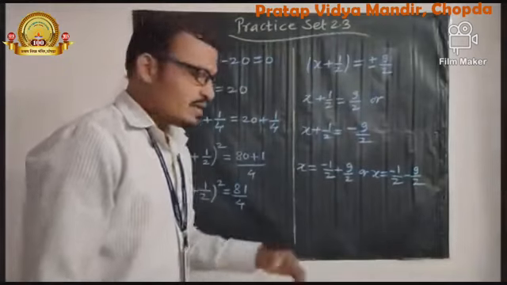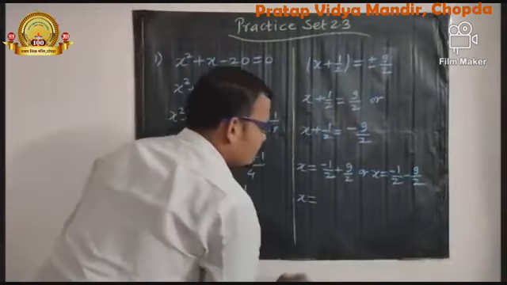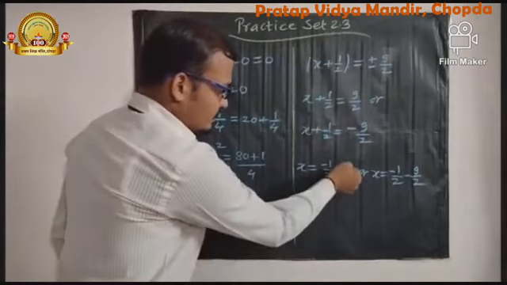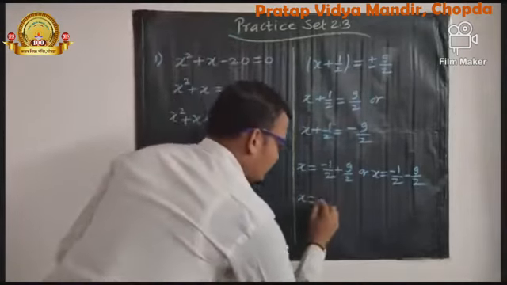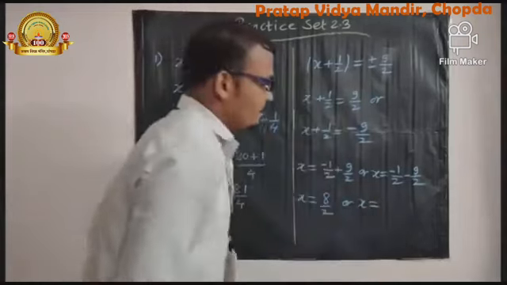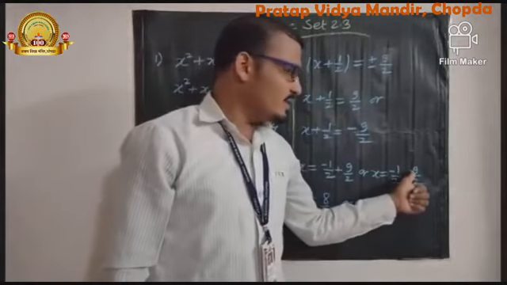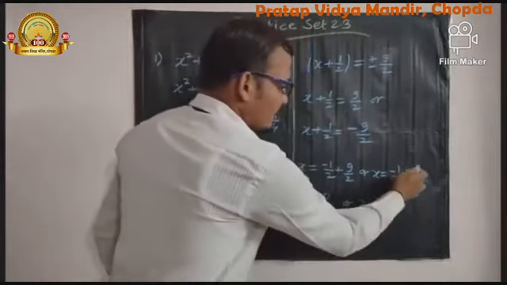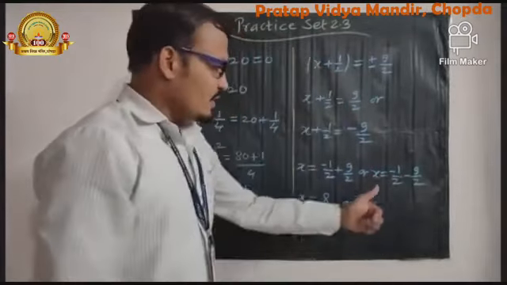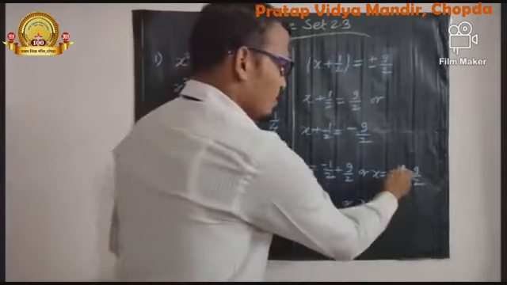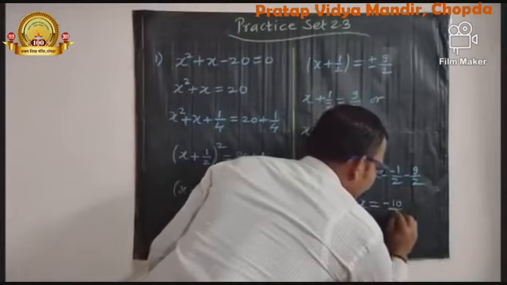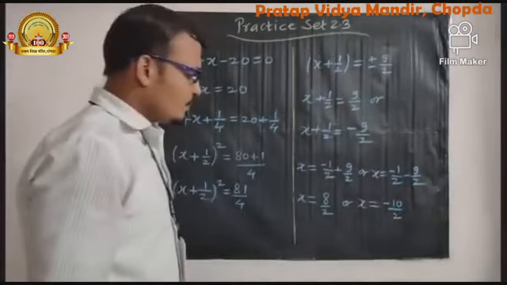Now since the denominators are same, we have to subtract the numerator 9 from 1, so we get 8/2, or x is equal to, here this is also negative and this term is also negative, so minus minus plus, so we have to add the numerators minus 1 and minus 9, so that is minus 10/2.